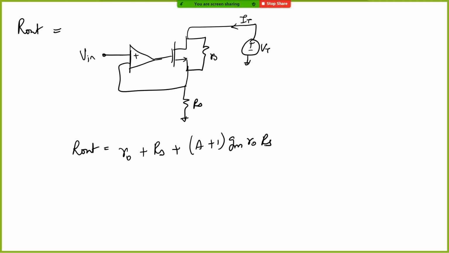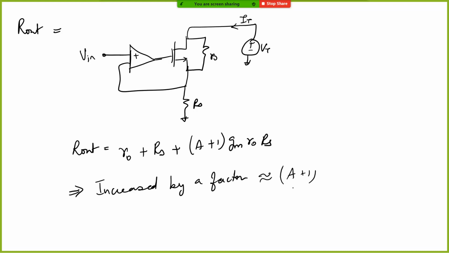Okay. Now, what happens? What has happened here to the R out? R out has increased by a factor of approximately A plus 1, right?